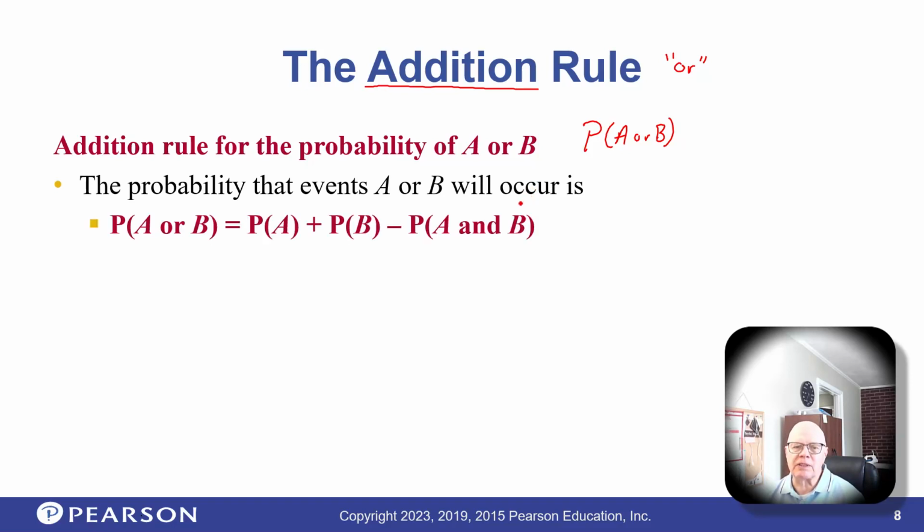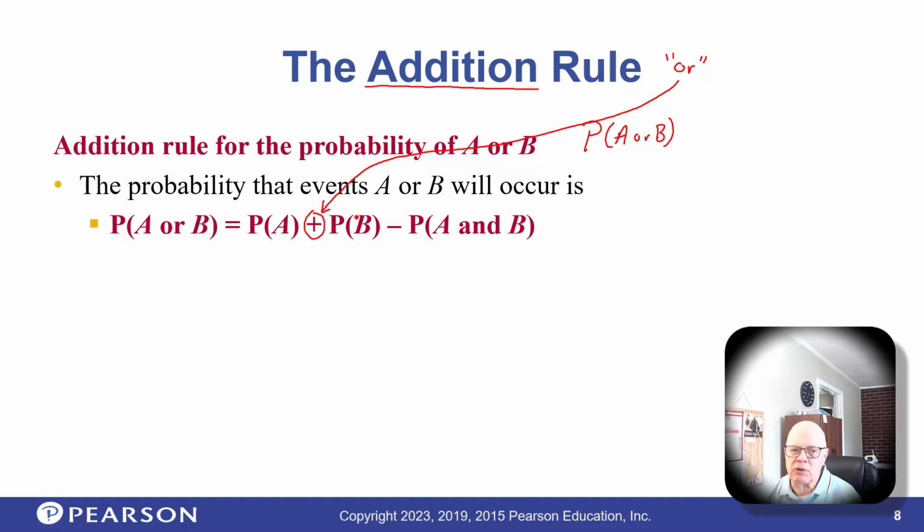Now this one's a little bit different. Remember, for the multiplication rule, we multiplied the two probabilities. In this case, we're adding them. So think of "or" as suggesting we're going to add the probabilities. There's only one catch.